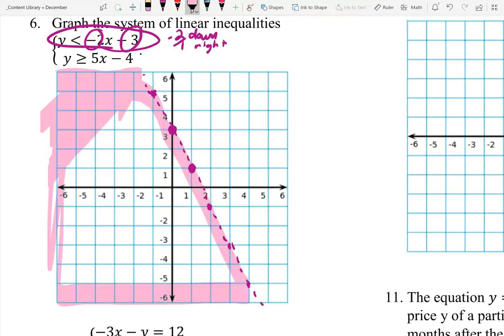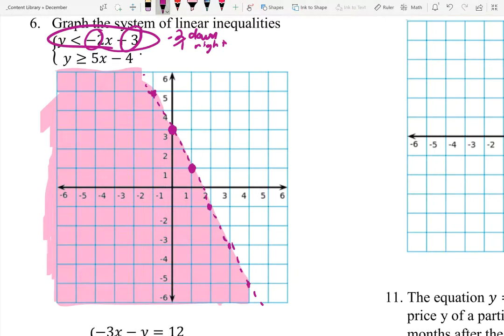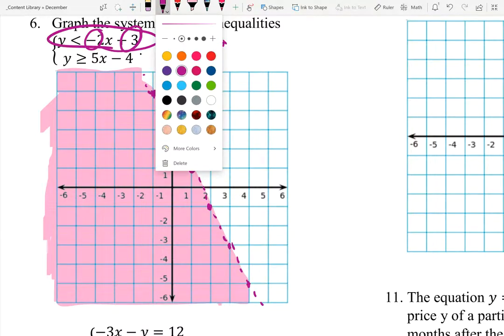All right. You get the idea? Okay. Lots of shading there. All right, here we go.